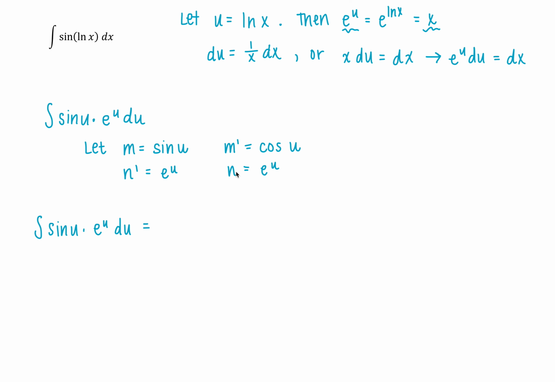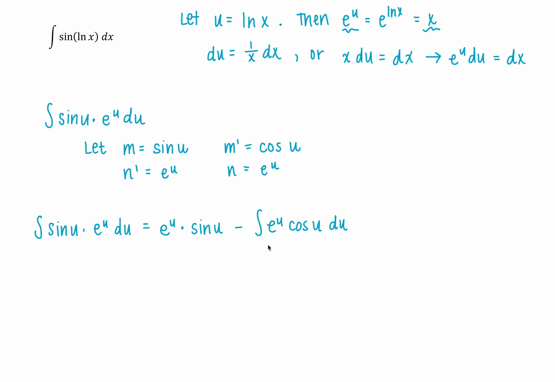So I'm going to have m times n, but I'm going to write the second one first. So e to the u times sine u minus, we're going to integrate n times m prime. So that's e to the u cosine u du.